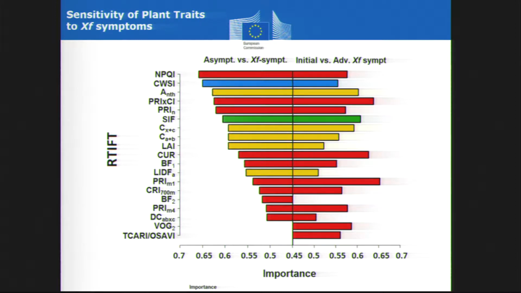Thermal-based traits is the second one, then anthocyanins, carotenoids, and solar-induced fluorescence. These are the 6 best indicators, more sensitive to detecting the symptoms of the disease.